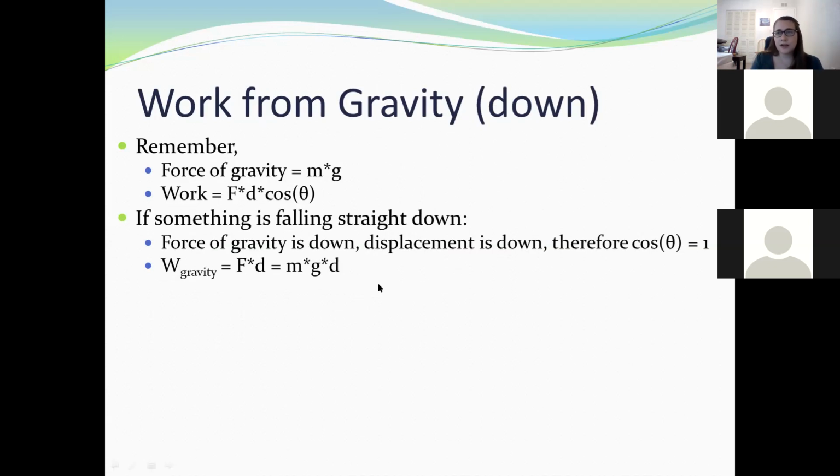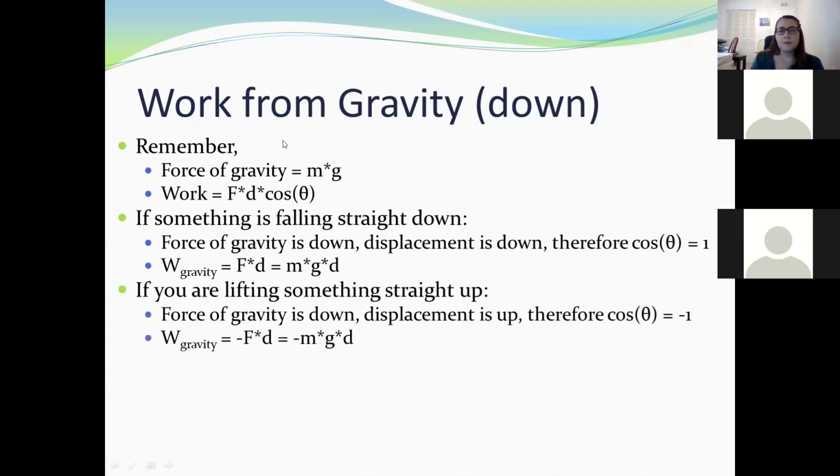So the cosine of our angle is +1. And the work done by gravity, in that case, is just force times displacement. Again, because the cosine of the angle is 1, force times displacement times 1 is the same thing as force times displacement. And we know the force is mass times g. So the work done by gravity is then mass times g times displacement.